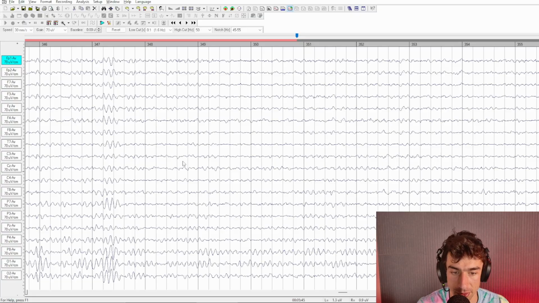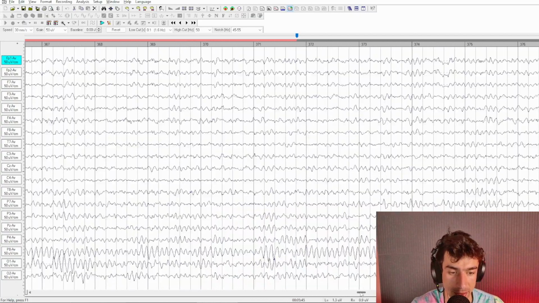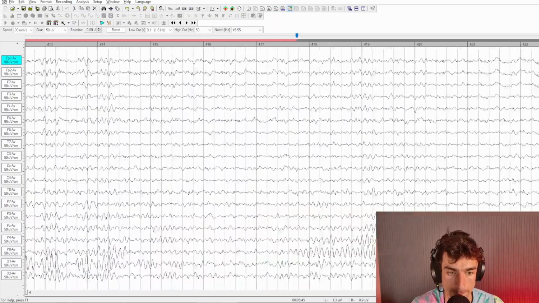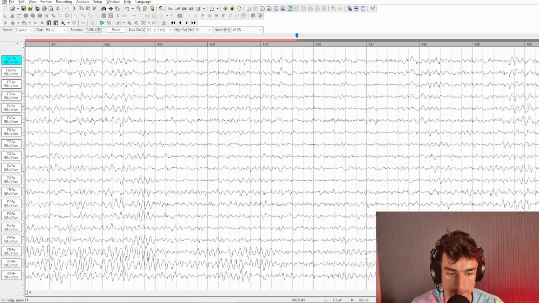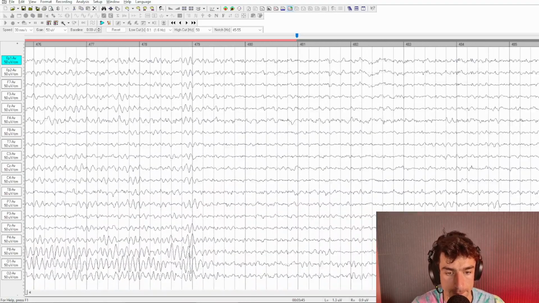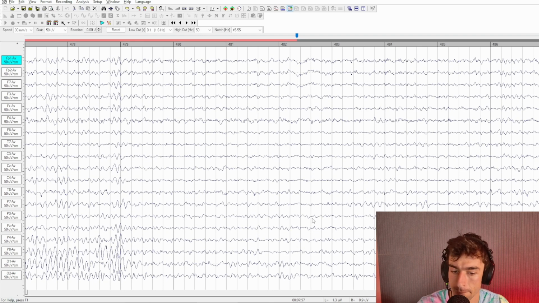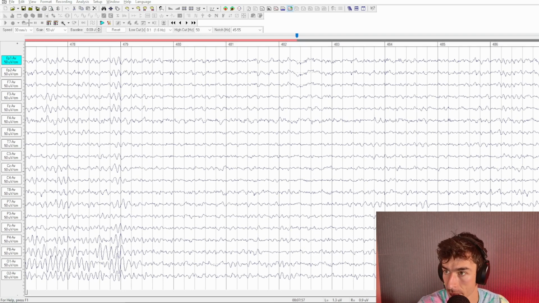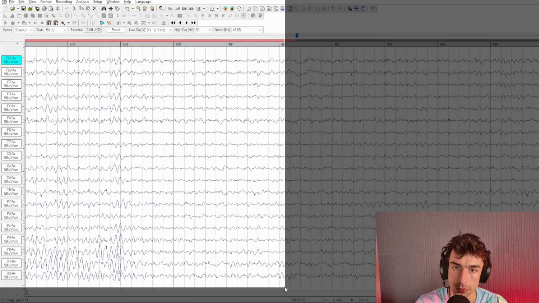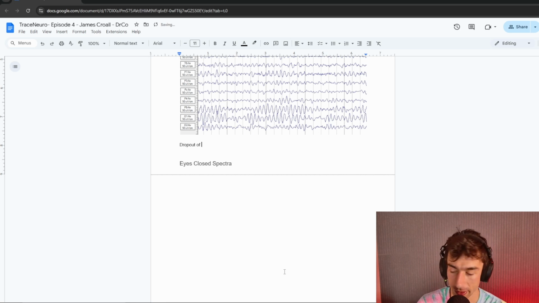Nice big alpha squeak, followed by reduction in the background's power. Drop out of background activity.